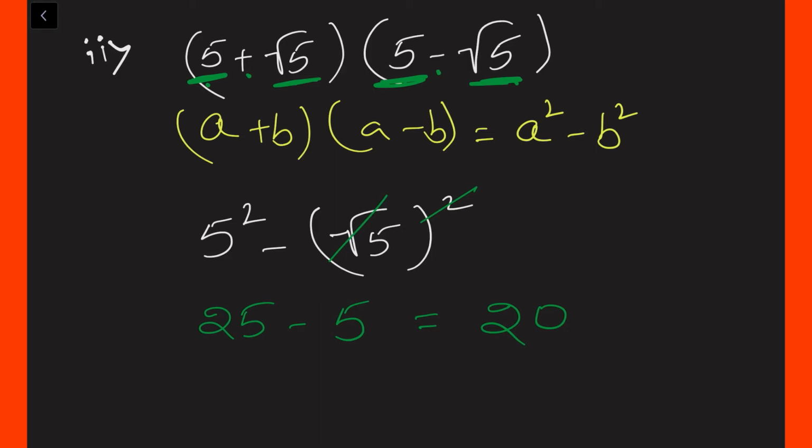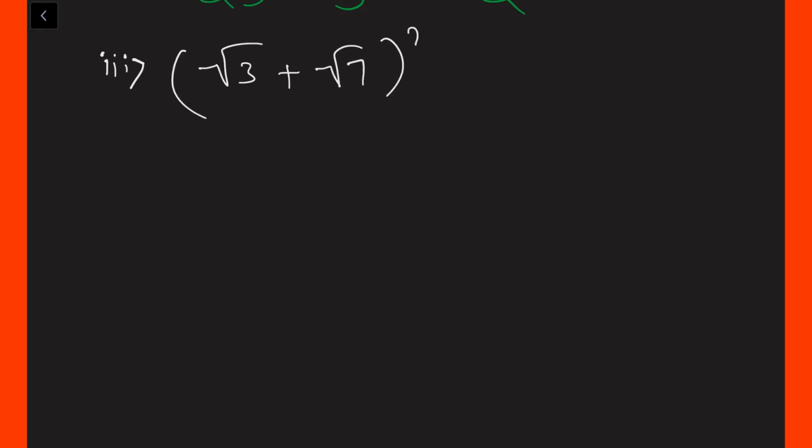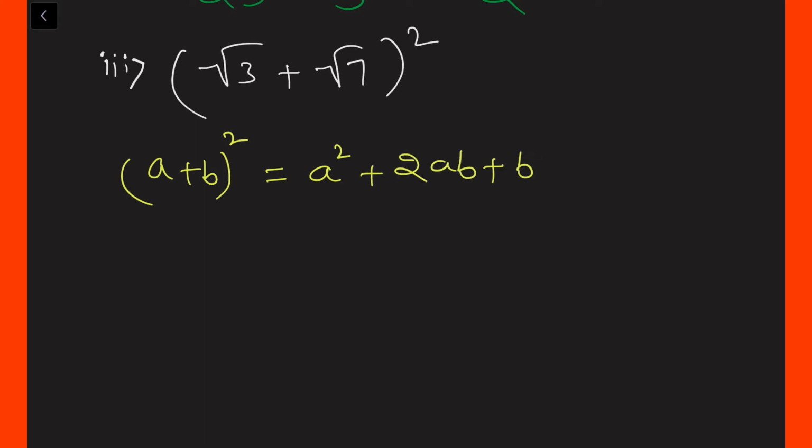Next, let us move to the third question: (√3 + √7) whole square. This is in the form (a + b)², which is nothing but a² + 2ab + b². In the place of a we have √3, in the place of b we have √7.